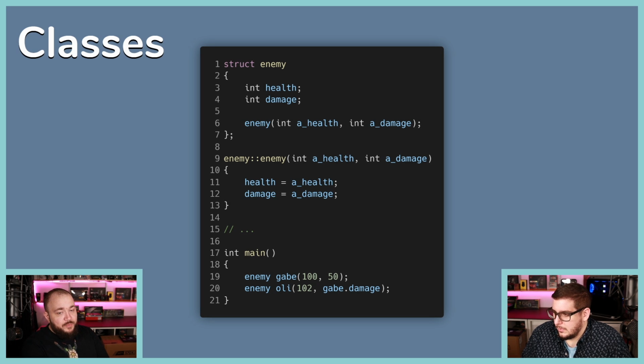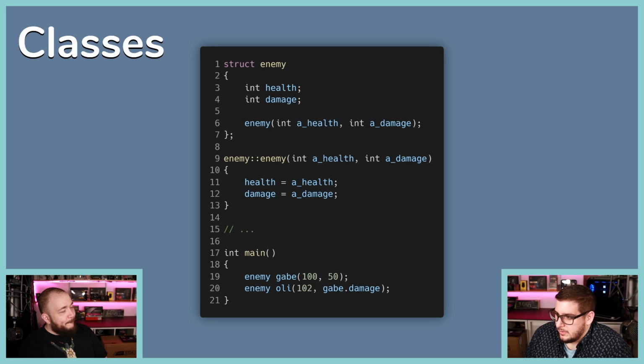So there's a difference between declaring the function, which we do in line 6, saying that there's going to be a function in the class, and that function is the constructor, and it has the name enemy, and these are the 2 arguments. But then in line 9, we're making the function. There's a difference between saying the class has a function in it, but I haven't made it yet, and in line 9, saying here's the function.